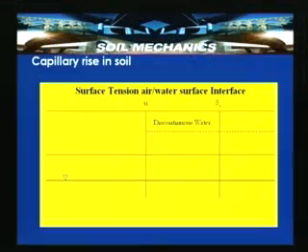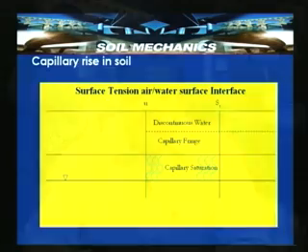So, let us look at the capillary rise in soil and how the stress distribution is affected. This is the discontinuous water which can be in the partially saturated zone, and the capillary fringe and capillary saturation. The capillary fringe can to some extent also exist in the partially saturated zone, and discontinuous water, because of contact water or a contact zone, can remain partially saturated.